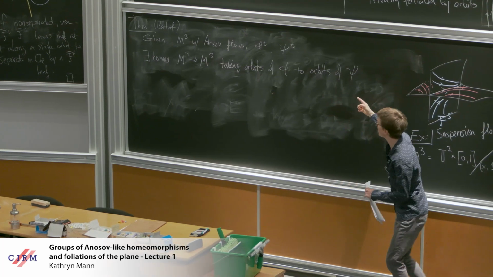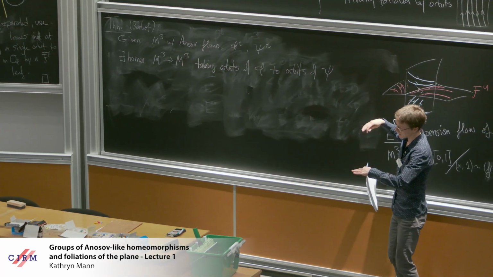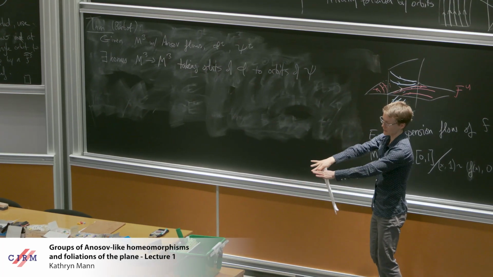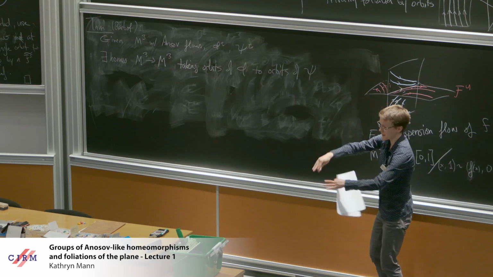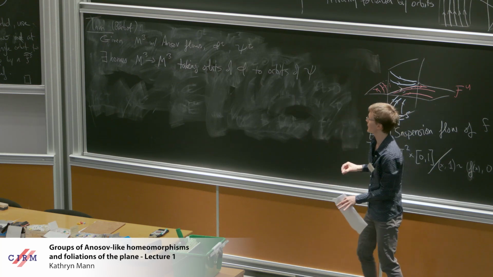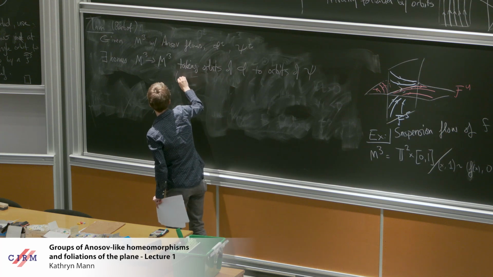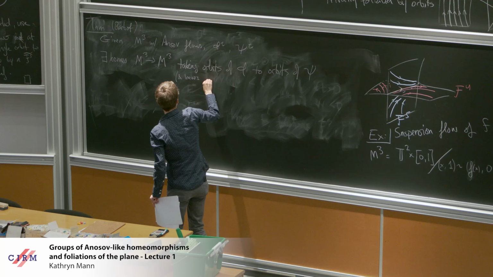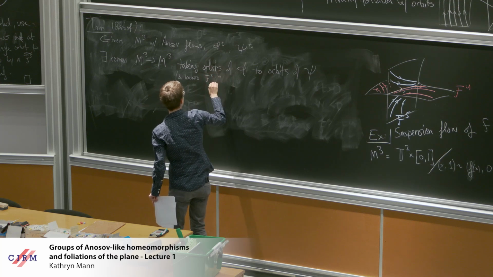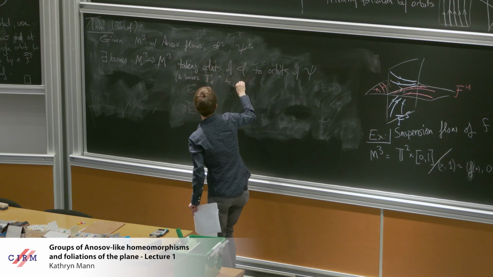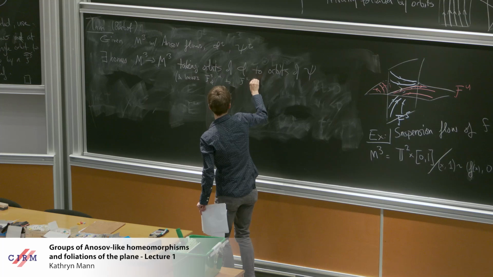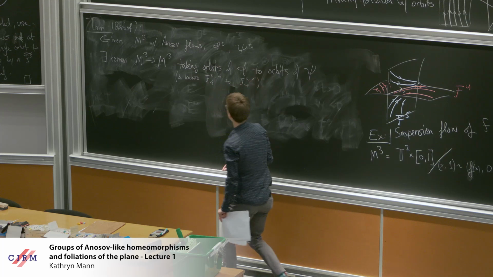And since my two-dimensional leaves are characterized by orbits, the sets of orbits that converge in forward or in backward time, automatically this says hence taking leaves of the stable or unstable for phi to respectively the leaves of the stable or the unstable for psi.